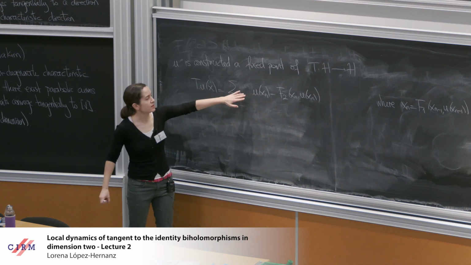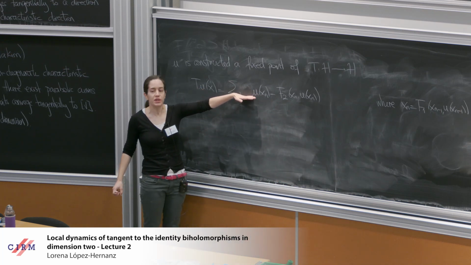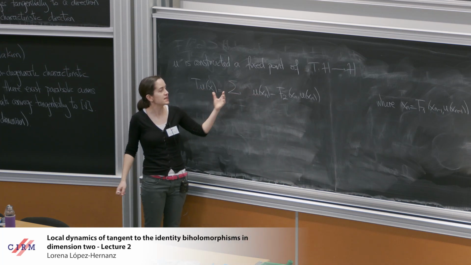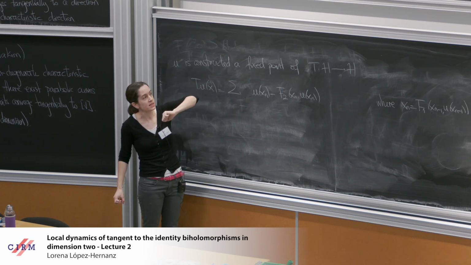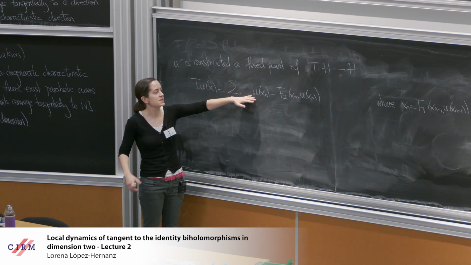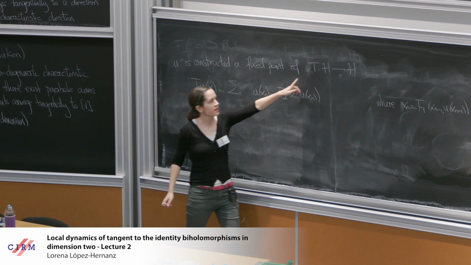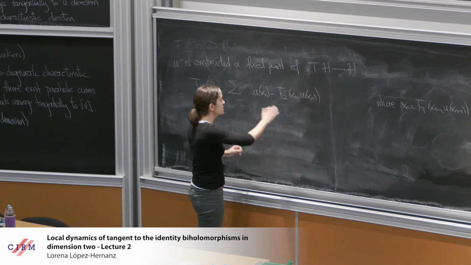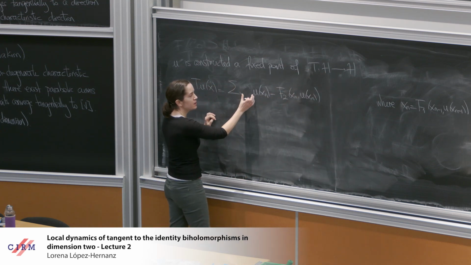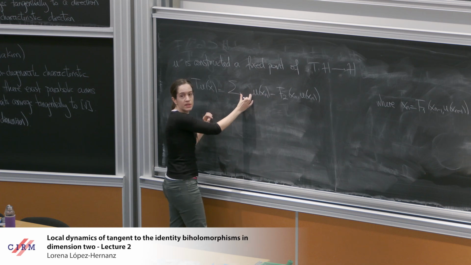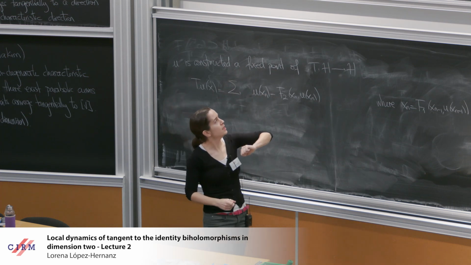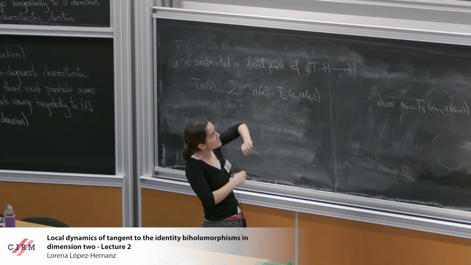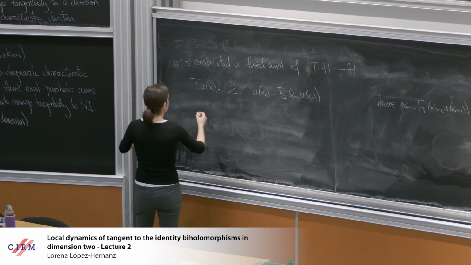So if you have a fixed point here, it's easy to see that this gives you a function that satisfies this invariance equation, but this is too big to make a map from H to H. So you simply modify it with some term that has to do with the dynamics of the orbits of this map.